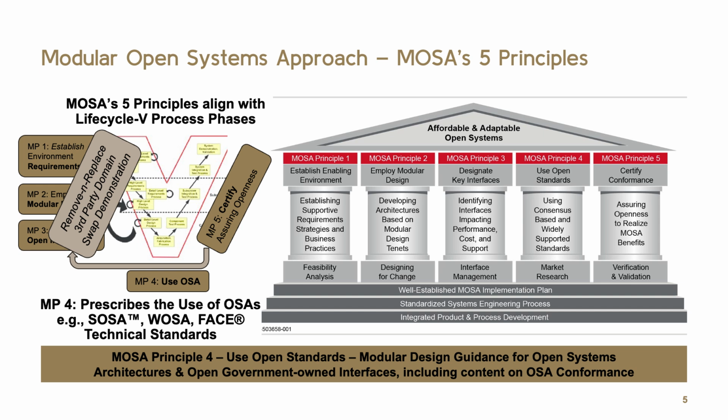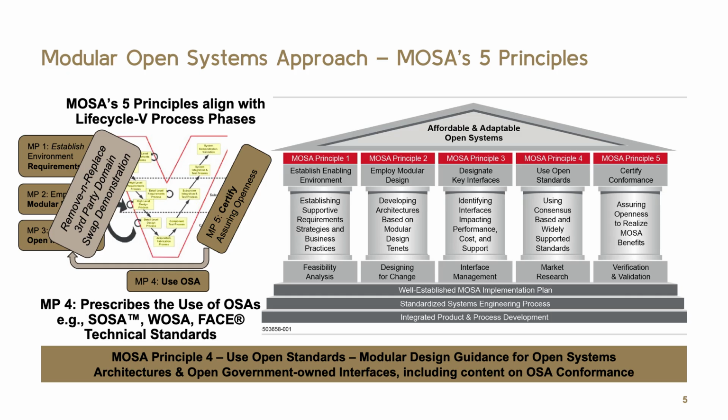Principle number 4 prescribes open systems architectures like SOSA, WOSA, and FACE technical standards, and it also provides guidance on how to do the design for these architectures, including interfaces and context for open systems architectures conformance. And the last one is certified conformance.